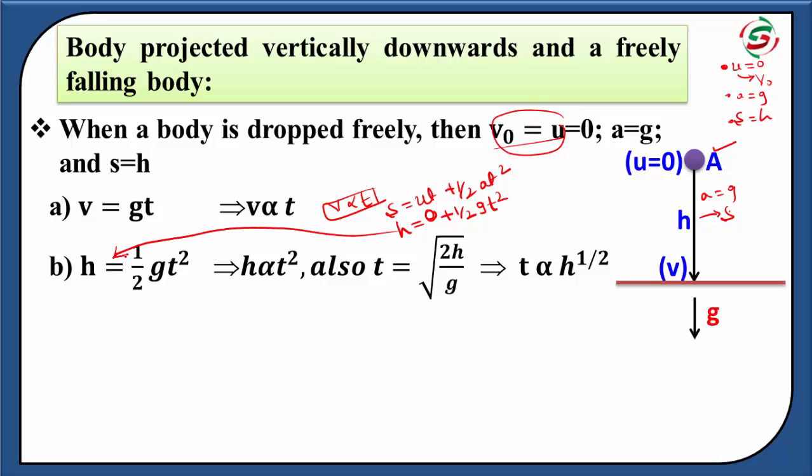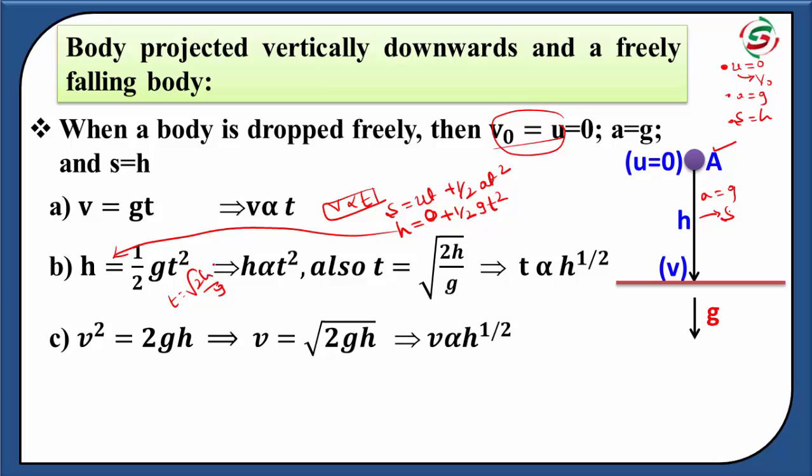So we can write h equal to 1 divided by 2 into g t square, or h is directly proportional to the square of time, or t is equal to root of 2h divided by g, so t is directly proportional to root of height. And v square is equal to 2gh, because we know the formula v square is equal to u square plus 2as.